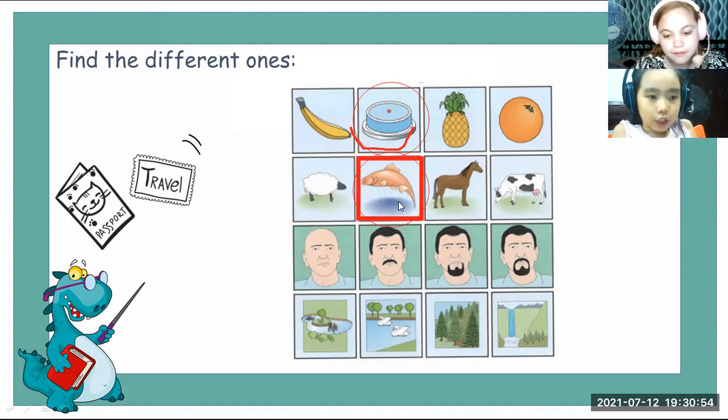Because the sheep, the horse, and the cow can live in the farm, and the fish lives under the water. Okay, that's correct. Next one.